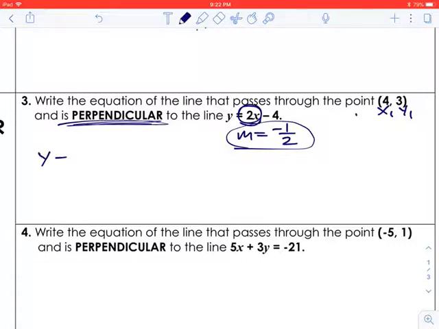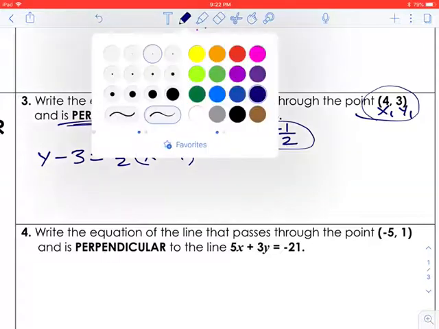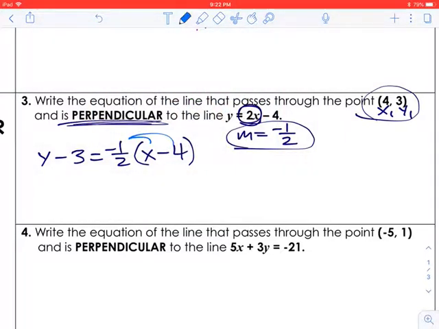Y minus the y value, which is 3, equals -1/2, x minus the x value of 4. And now we need to go ahead and finish it. So y minus 3 equals -1/2 times x. Negative times negative is positive. And then 1/2 times 4, you can kind of make that 4/1. So negative times negative is positive, 4/2.